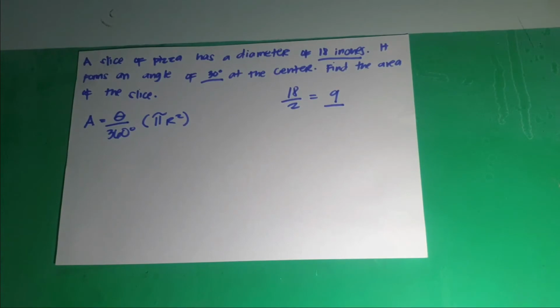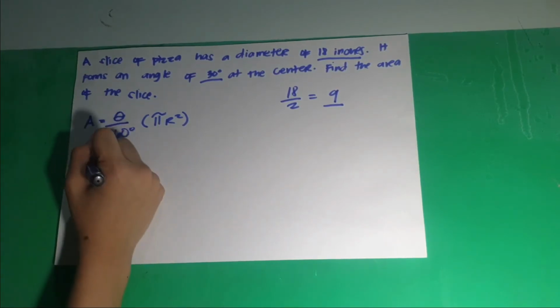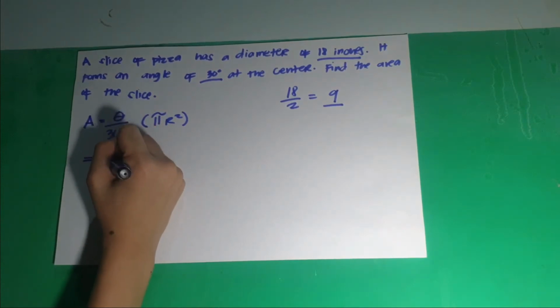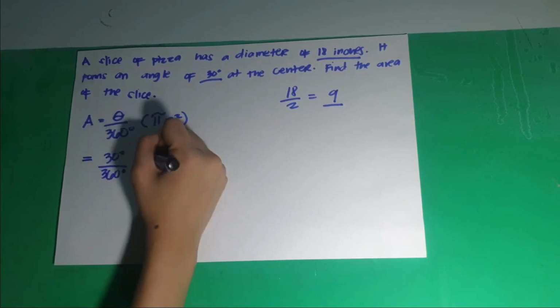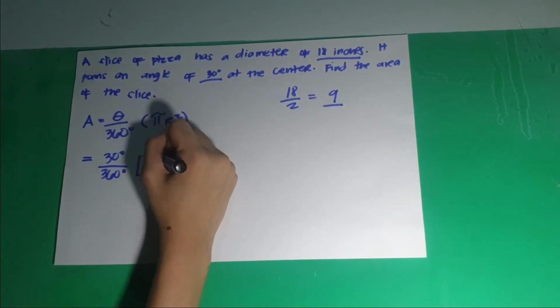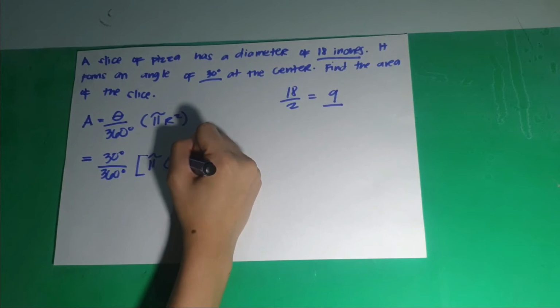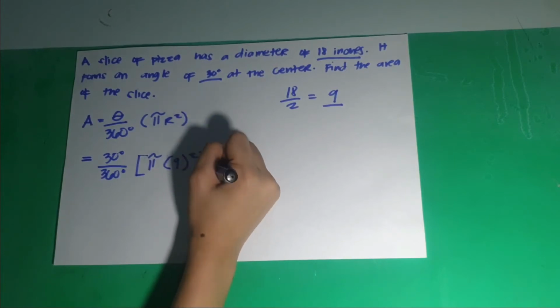Now, let us proceed to substituting. Theta is equal to 30 degrees over 360 degrees times pi times 9 squared.